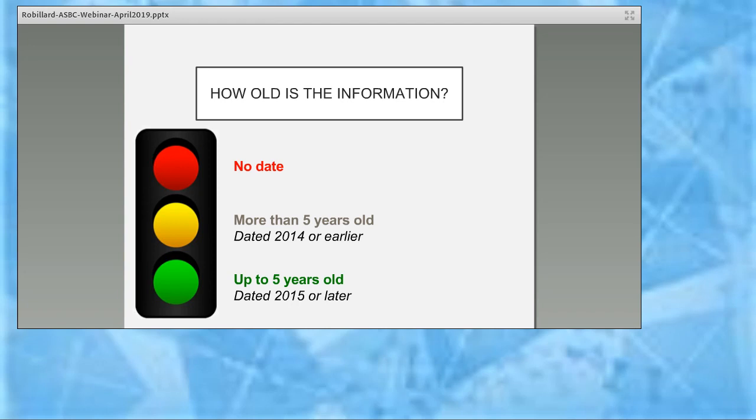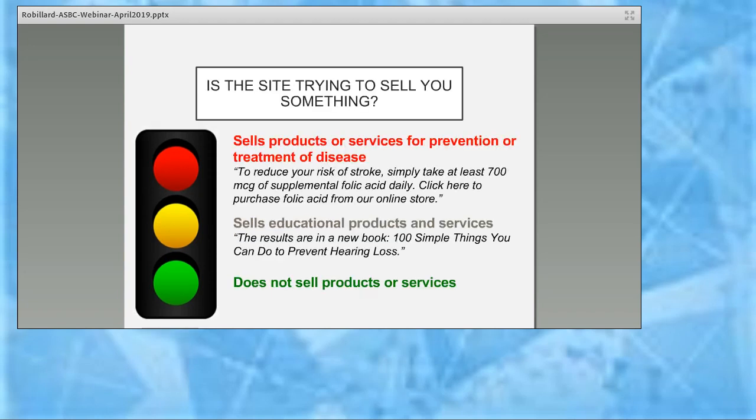All of that research moves very fast. If there is a date on the information, but it's more than 5 years old, when it comes to brain health, that's something to be not necessarily concerned about, but just know that maybe since then there's been new advances in the field. And then finally, things that are dated within the last 5 years are usually best. So those are usually the best types of resources or the most current information.